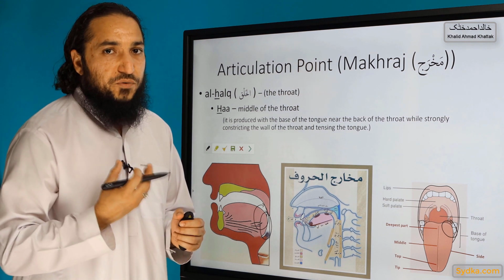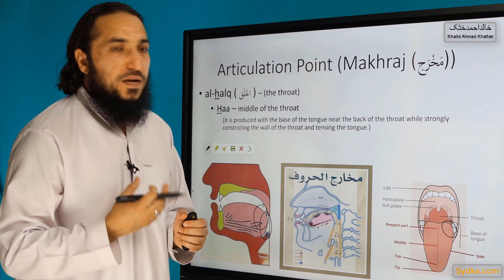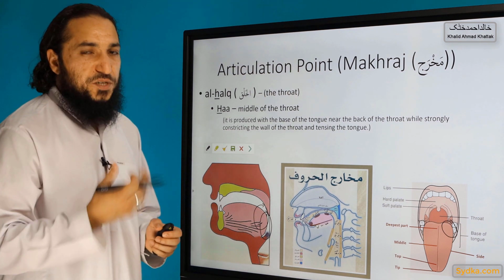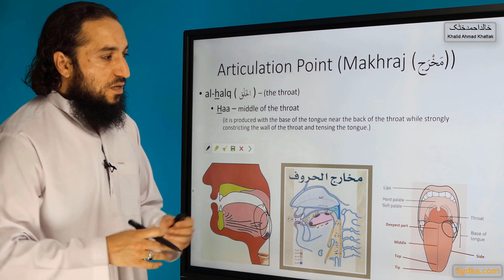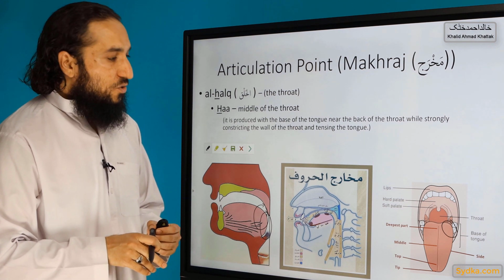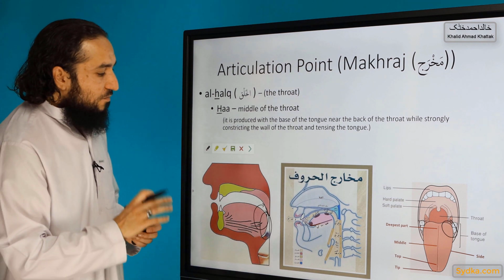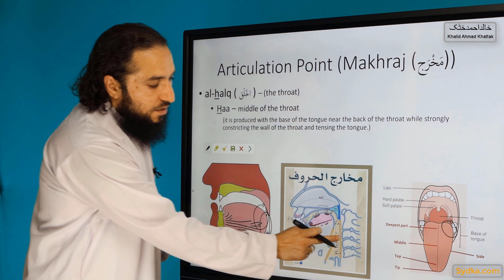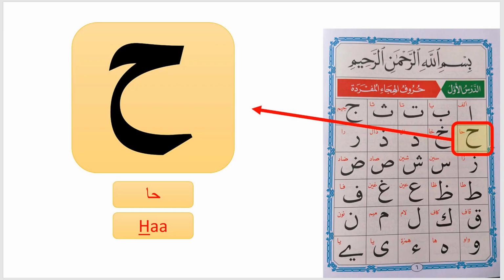We see the sound is ha. It's very difficult to pronounce for some people, especially for English speakers, because there's no equivalent letter or sound in English. So again, it is one of the throat letters. It is pronounced from the middle of the throat.